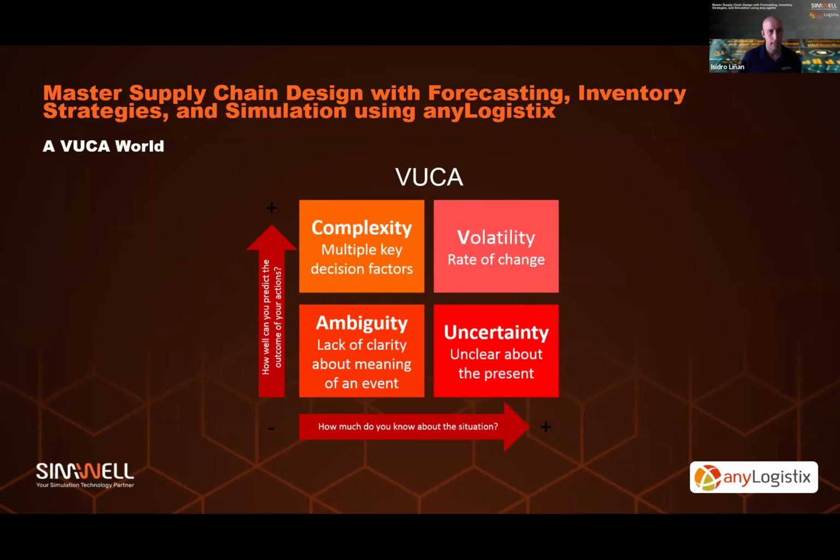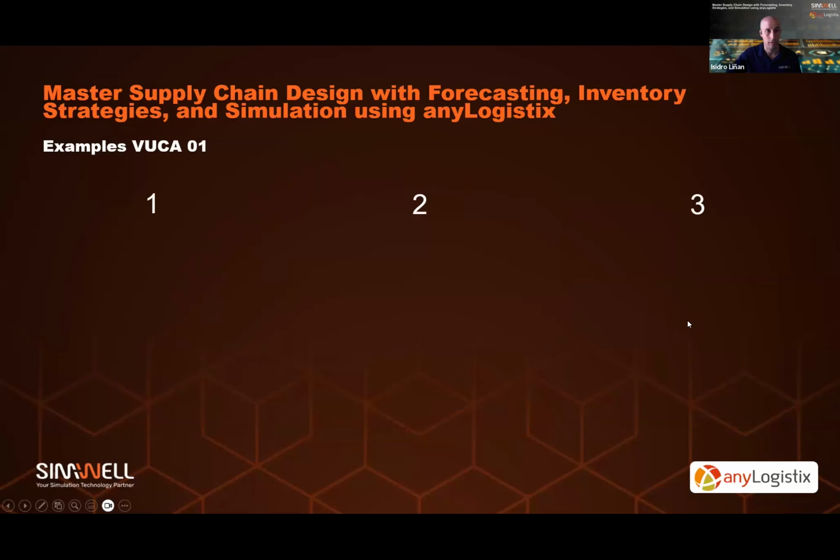So many leaders are concerned and trying to figure out how to face operations now in a VUCA world. And let me give you some examples. Talking about the VUCA world, a volatile, uncertain, complex, and ambiguous environment, let me give you some examples to put it into context.